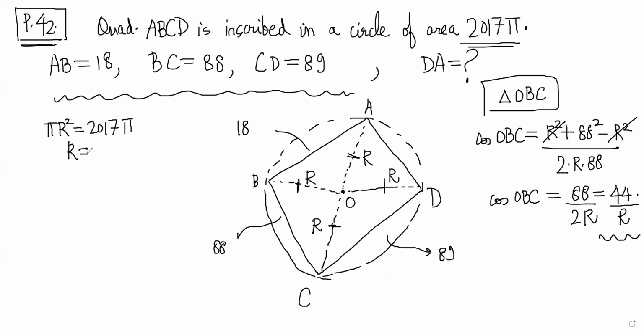So the radius is square root of 2017. So we are getting cos of OBC is equal to 44 by square root of 2017.